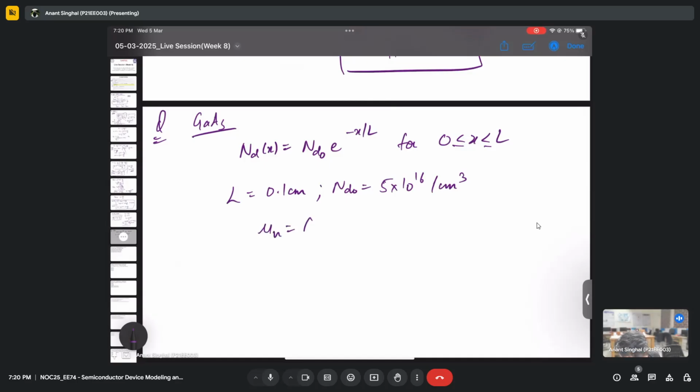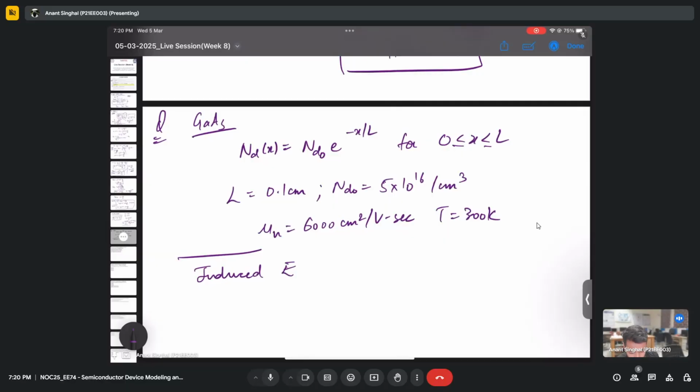Mobility is given, not 600, 6000 centimeter square per volt second. Temperature is 300 Kelvin. What we need to find is the induced electric field.